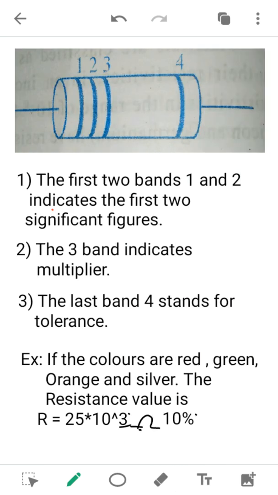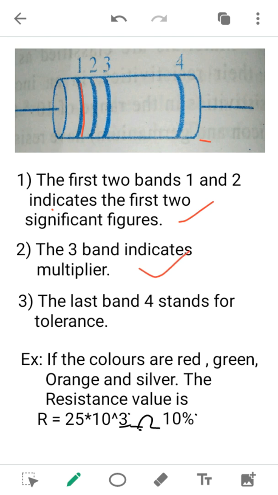Now here you can see one more diagram. The first ring gives the first two bands, 1 and 2, which indicate the first two significant figures. Then the third gives the multiplier, and the fourth gives the tolerance.